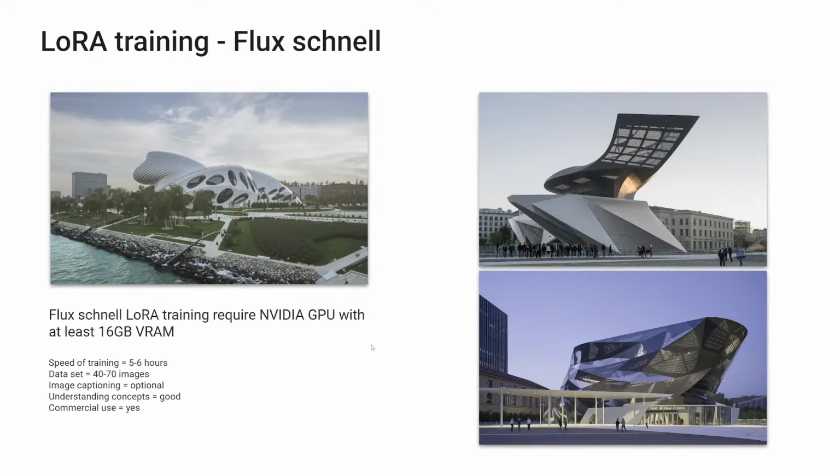Flux Schnell, I kind of like this model for training because the results are something in the middle between a realistic understanding of your dataset and kind of random generic results.